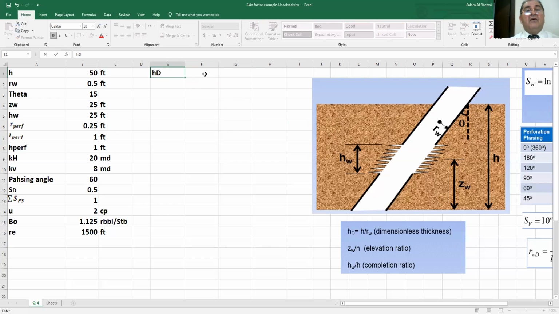I'm sorry for the interruption. Can you please share this Excel file so that we can follow you and solve together? You mean you cannot see the Excel sheet? No, hocam, I can see. I just wanted you to share the Excel file with us so that we can follow and solve together.